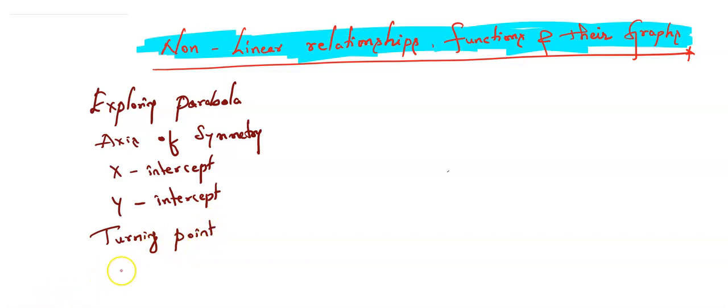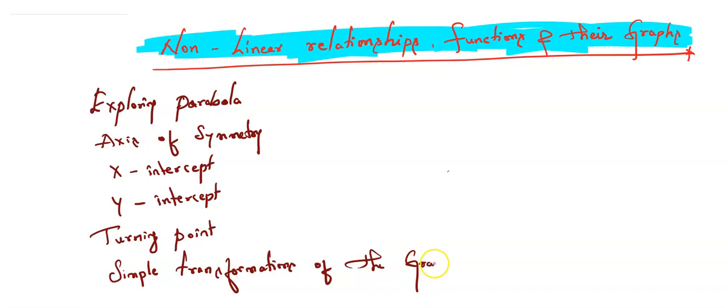and the last topic we are discussing in this session is simple transformations of the graph of y equals x square. So my dear students, these are the topics we are going to discuss in this session.